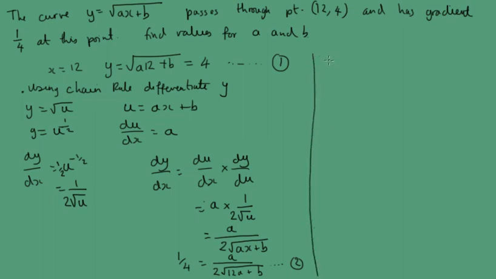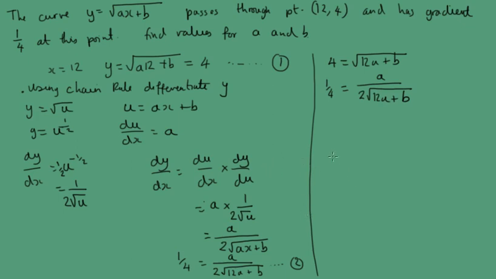So I'm going to write the two equations here. So we have 4 equals the square root of 12a plus b, and we have a quarter equals a over 2 root (12a plus b).